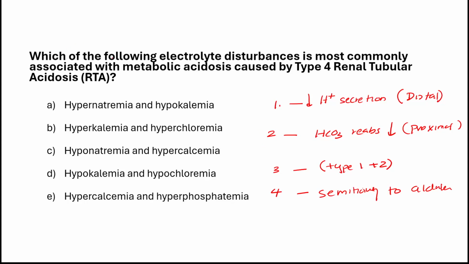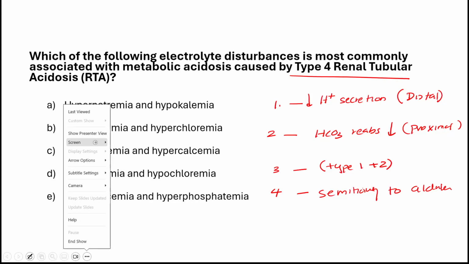Now here the question is about electrolyte disturbances most commonly associated with metabolic acidosis caused by renal tubular acidosis type 4. So what you see in type 4 is that it is not acting in the presence of aldosterone.